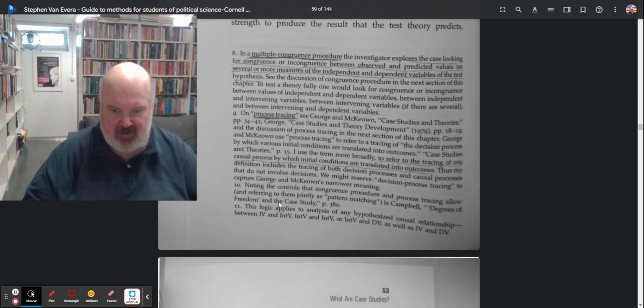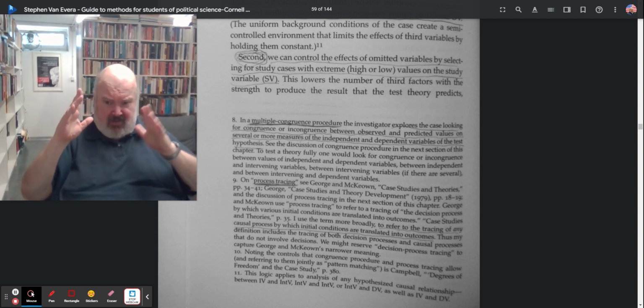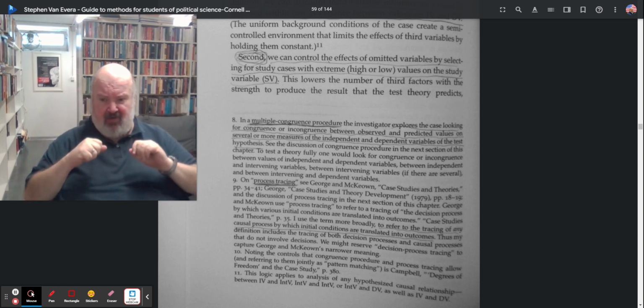Chapter note 11. This logic applies to the analysis of any hypothesized causal relationship between an IV, or DV, as well as the IV and the DV. So therefore, this background case, they're consistent. In other words, the background case is a consistent thing, and therefore you can control that.